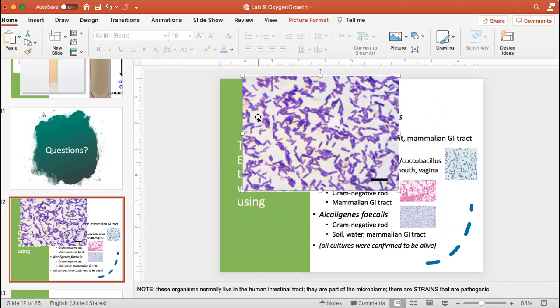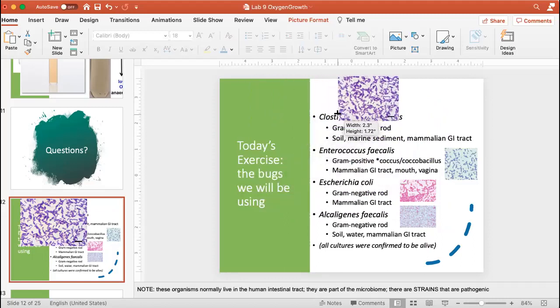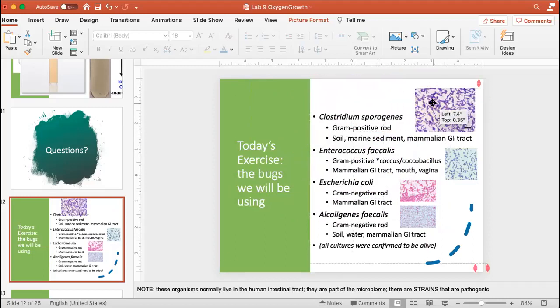These are rod-shaped cells. Remember too, Clostridium is one of the 2 genera of bacteria that can sporulate. We said Bacillus and Clostridium are the 2 spore formers, just as an aside there.